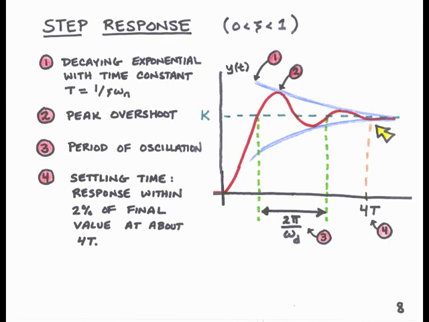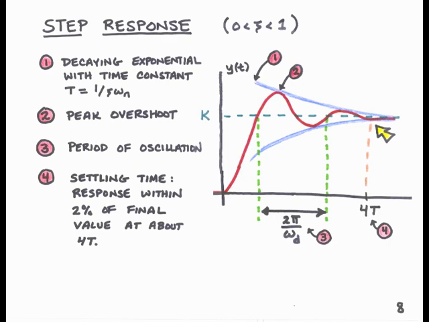Let us now look at the time response of the system to a unit step. We'll note, as labeled by 1, the decaying exponential, shown in blue, with a time constant t equals 1 over zeta omega n. We'll note the largest value of the response of y of t, and this is called the peak overshoot.